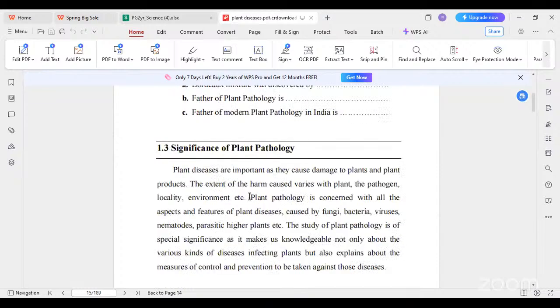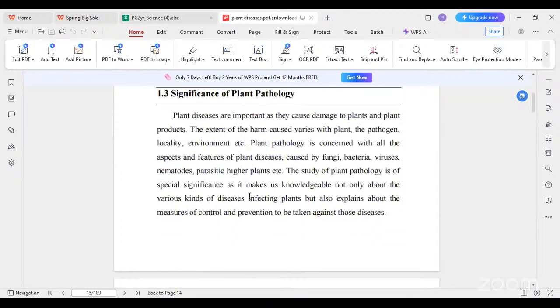What is the significance of plant pathology? Plant diseases are important as they cause damage to plants and plant products.